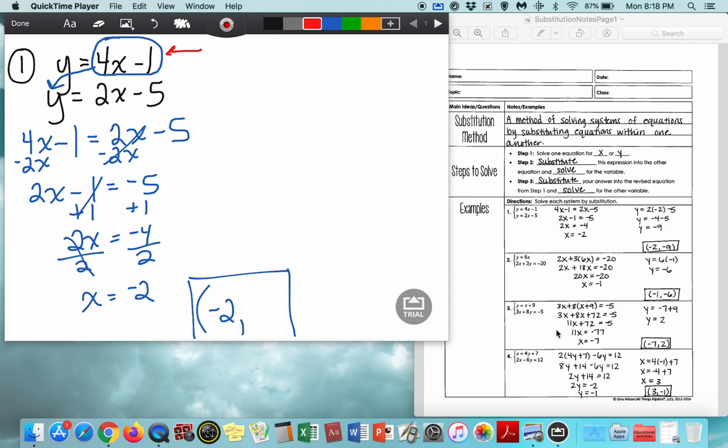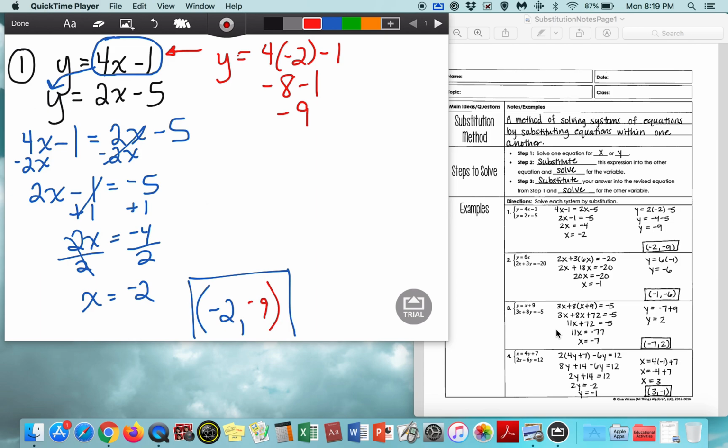I like to go back to the equation where I isolated the y, so I'm just going to use that top one. I can find y by doing 4 times x minus 1, and x was -2. That's -8 minus 1, which is -9. So we get for our answer -2, -9.